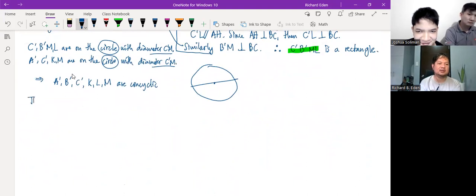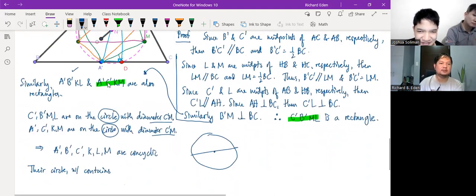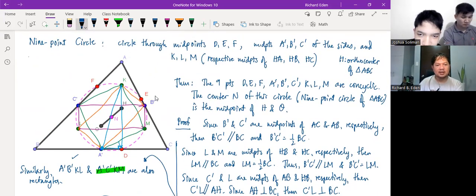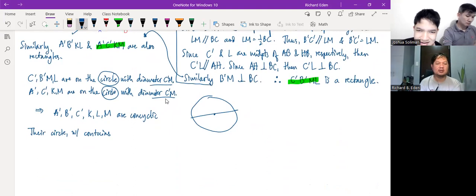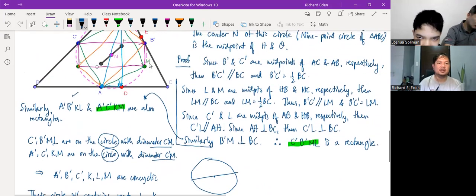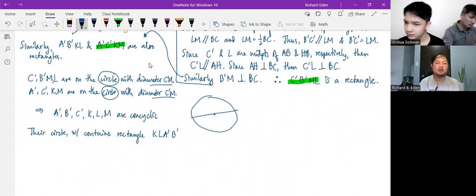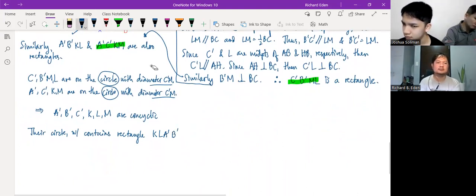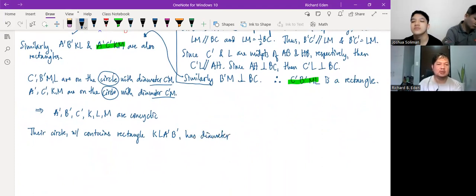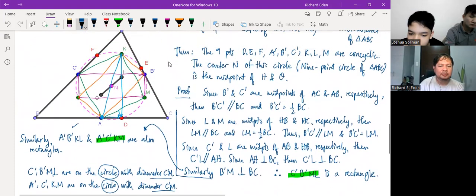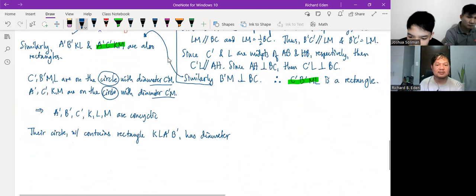Their circle, okay, which contains orange triangle K, L, A prime, B prime, has diameter nung blue segment KA prime.